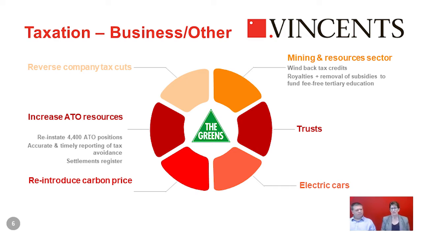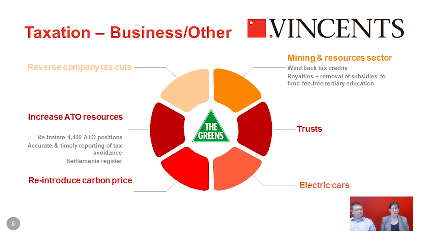Also increasing the ATO resources, and this is something that I think is consistent across all of the parties, looking to essentially increase ATO resources to allow them to better manage the collection of revenue, and also making sure that they can be more on top of any tax avoidance strategies that might be in play, and dealing with those more in real time.